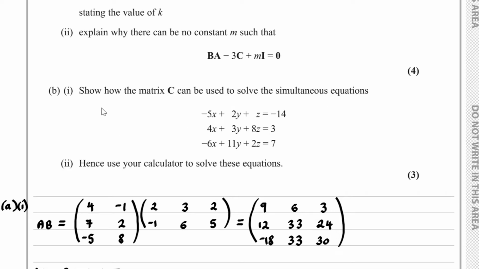Now for the first part of part B, we have to show how the matrix C can be used to solve the simultaneous equations minus 5x plus 2y plus z equals minus 14, 4x plus 3y plus 8z equals 3, minus 6x plus 11y plus 2z equals 7.